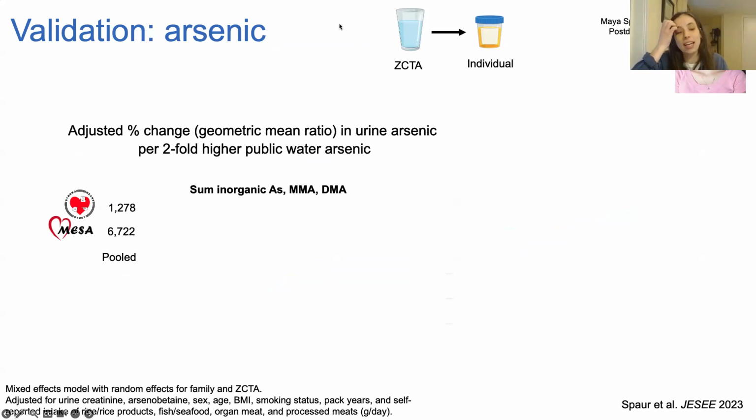She's now at NCI. We used two different study populations. One is the Strong Heart Study, and one is MESA, the Multi-Ethnic Study of Atherosclerosis. In this study, we looked at the contribution of our drinking water estimates to biomarkers that were measured in urine. We did this for arsenic and for uranium.